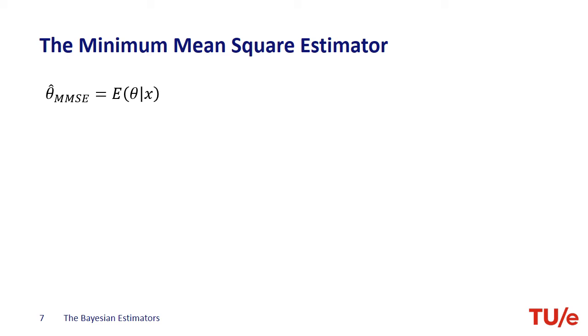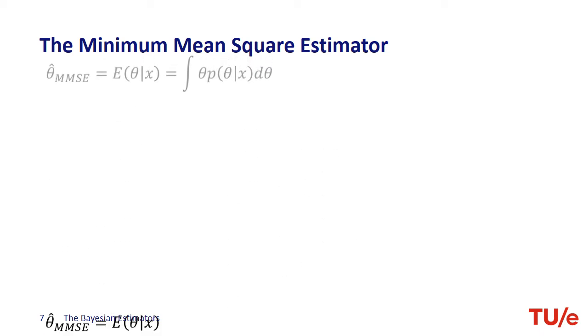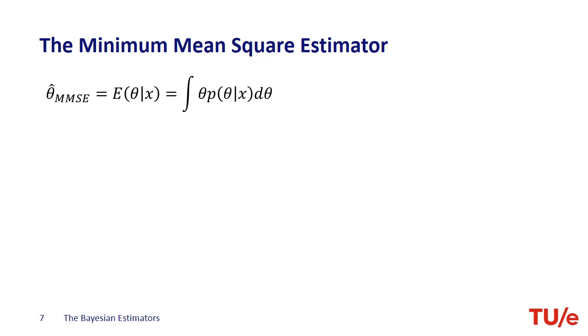The idea is straightforward. We have the expression for the expected value of the random parameter theta as seen on the slide. But we are interested in the conditional expected value, which is calculated using the conditional probability density function. The probability density function of the parameter theta conditional on the data x is replaced according to the Bayes theorem.